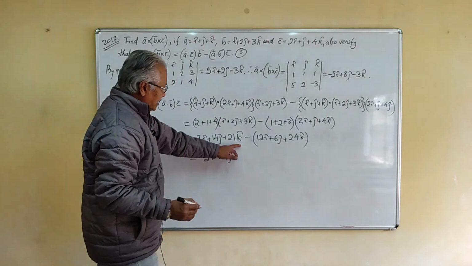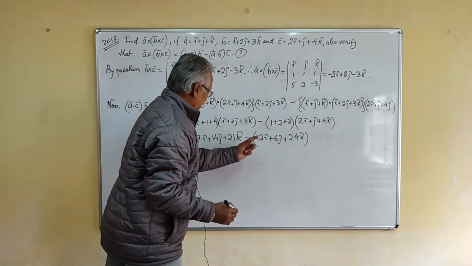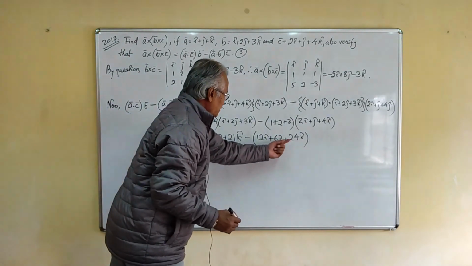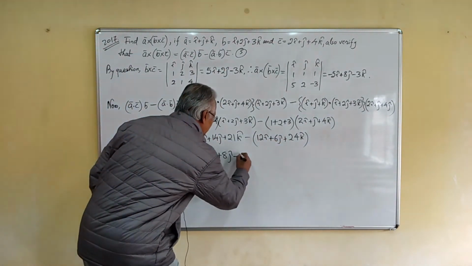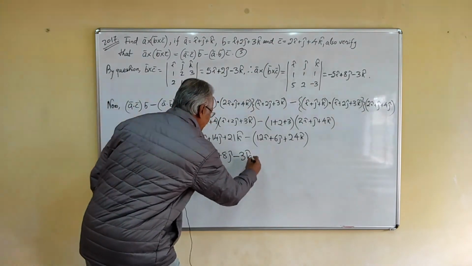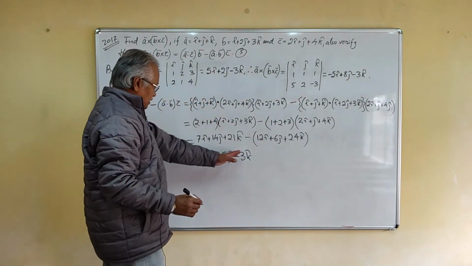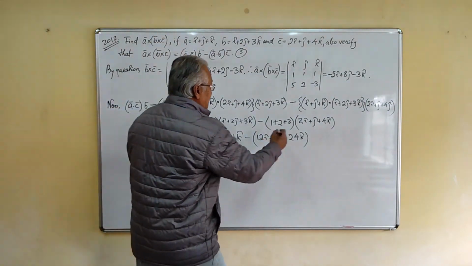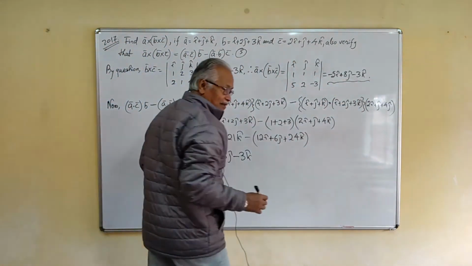And 21k minus 24k, 24 is greater, so 21k minus 24k will be minus 3k. What is it equal to? Do you get that? Okay, this is exactly equal to this, right?